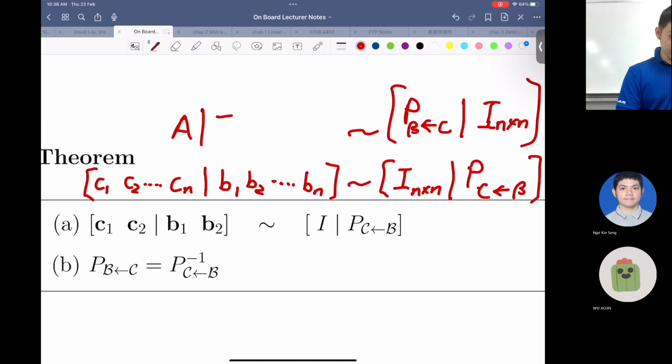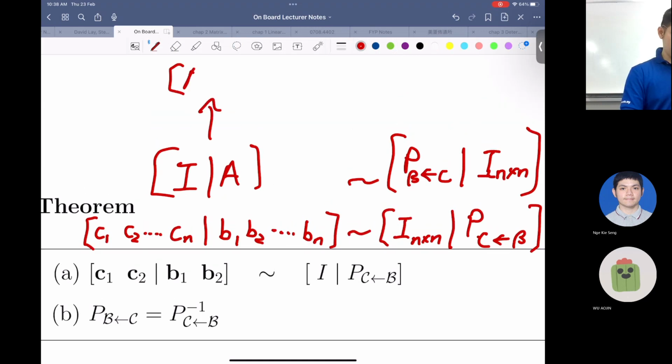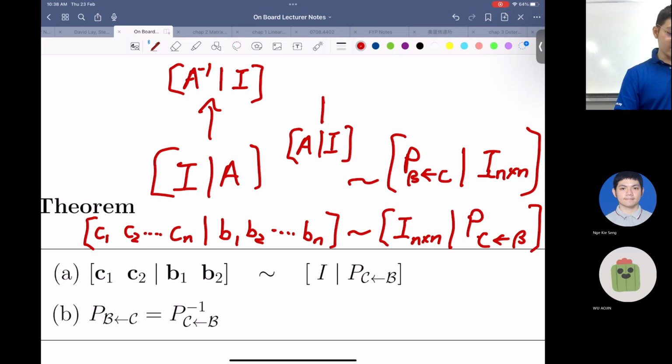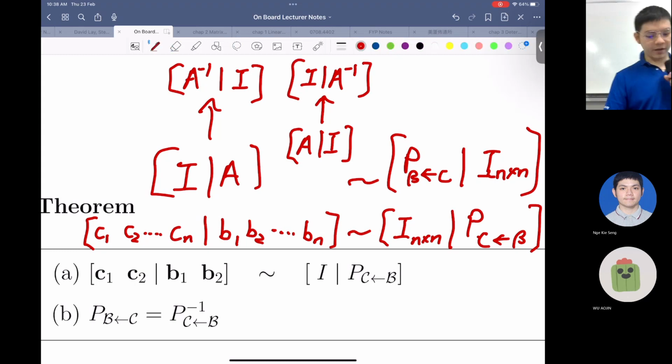So like this, and then go back to inverse. So this is just swapping the position of what we learned last time, and there's nothing wrong with swapping the position.